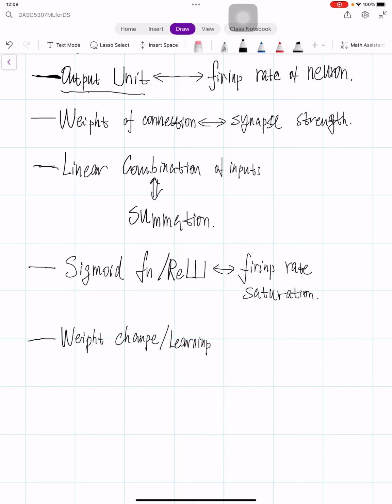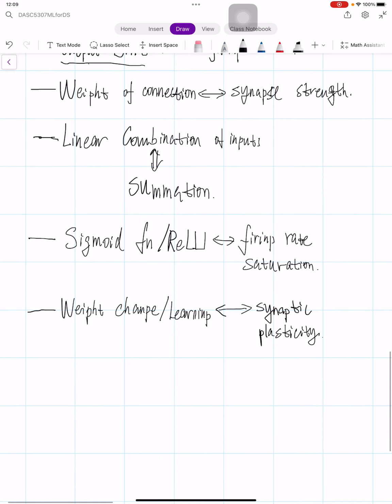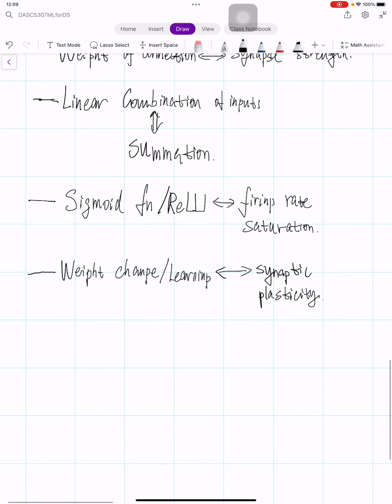We use the batch gradient descent algorithm with backpropagation, which corresponds to synaptic plasticity in the neural network.